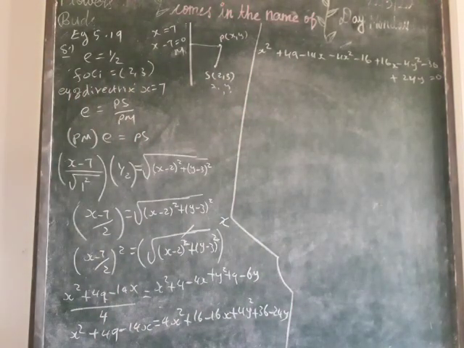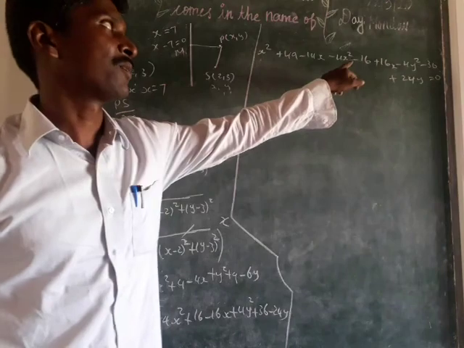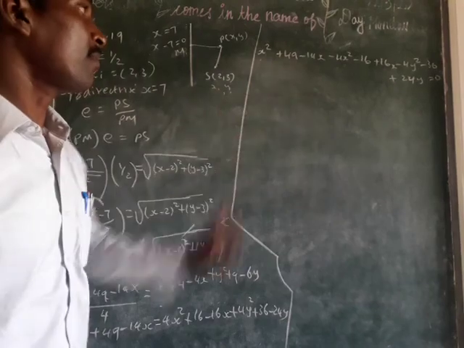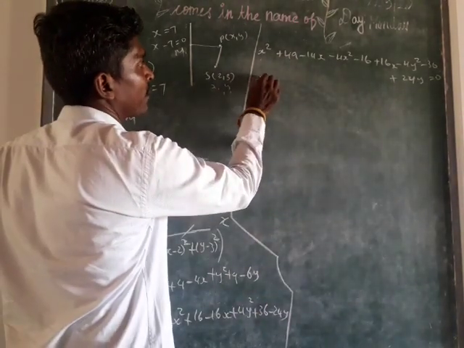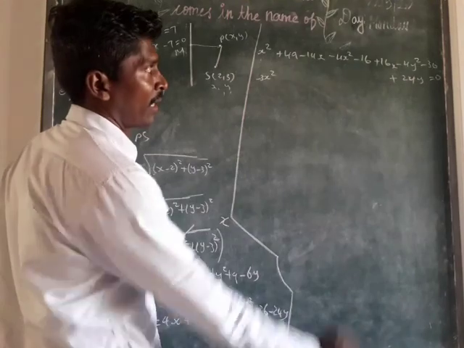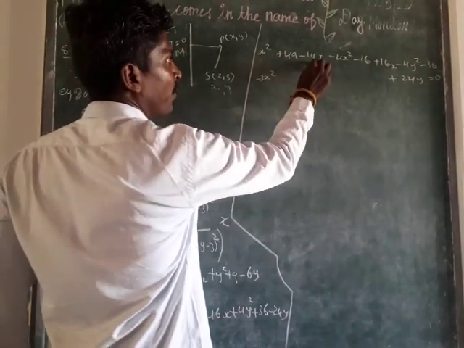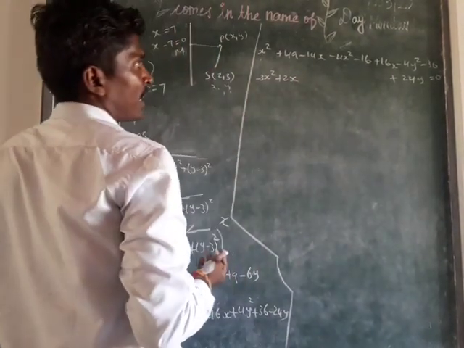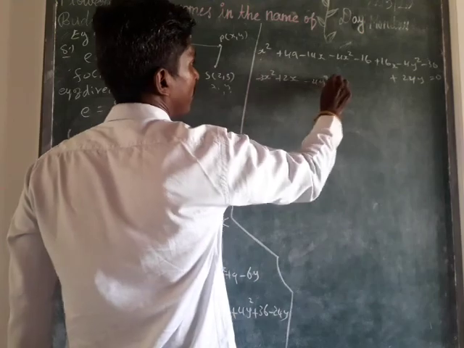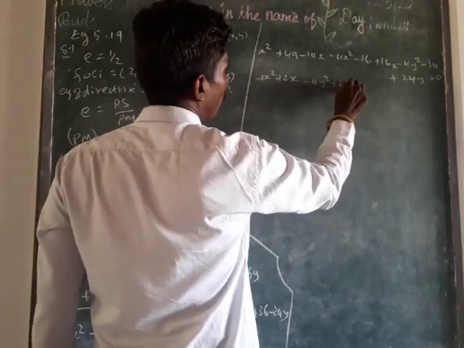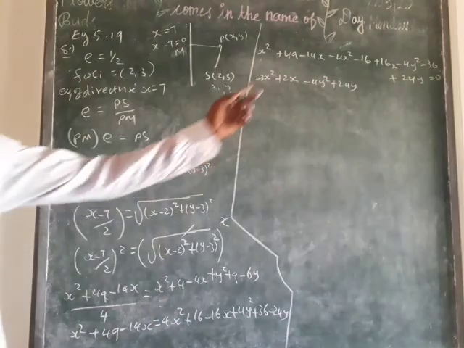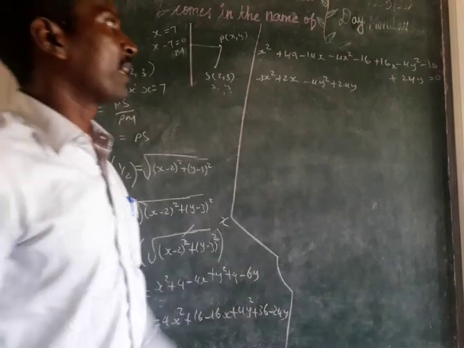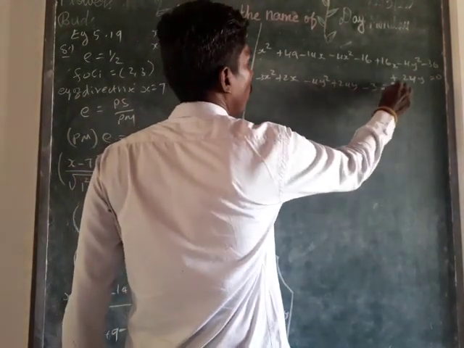Now arrange the like terms. x squared minus 4x squared gives minus 3x squared. Minus 14x plus 16x becomes 2x. Then the y terms: minus 4y squared plus 24y. Then the constants: 49 minus 16 minus 36 becomes minus 3.